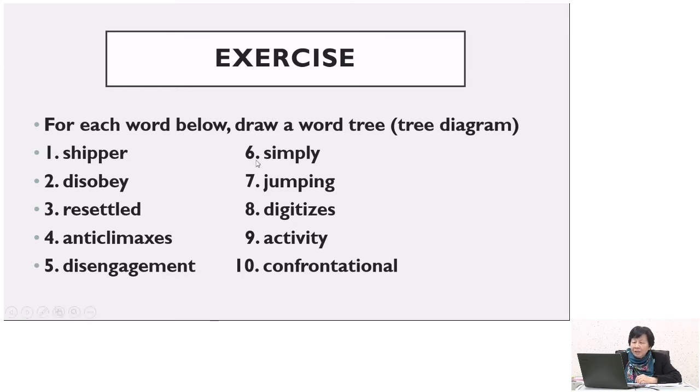It means that each word has many forms: resettled, resetting, settling, settled. Okay, there are a lot of forms for one particular morpheme. So this is the way. Try to get morphemes out of this form of the lexeme, and draw the tree diagram for that, which we call a word tree.